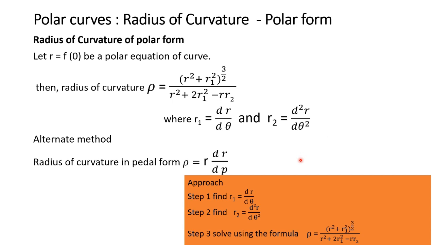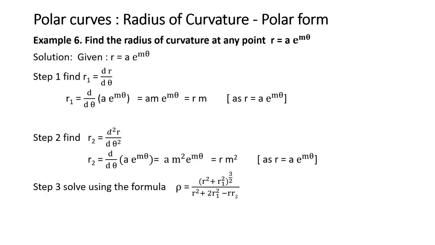Example 6, find the radius of curvature at any point of r is equal to a e to the power m theta. Solution, given, step 1, find r1. Differentiating a e to the power m theta gives a m e to the power m theta. This is equal to r m, as r is equal to a e to the power m theta, given.